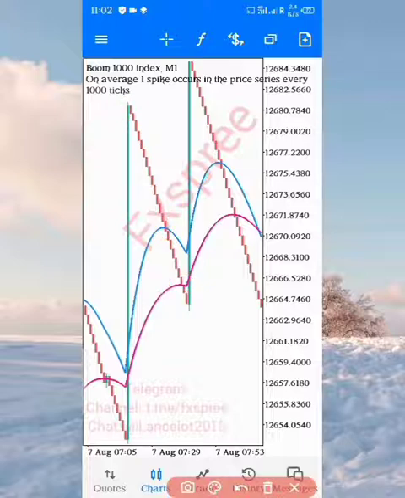You can see that after it touches that pink line, two little ticks after that, you have the spike. That is how it works. So TP1, TP2. And also, sometimes it's coming like this, and before getting to the blue line, it might go up again and have a spike.